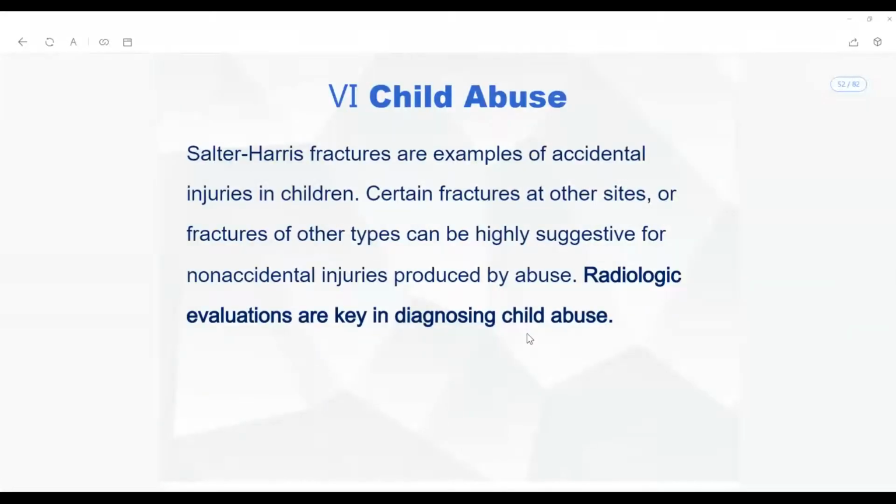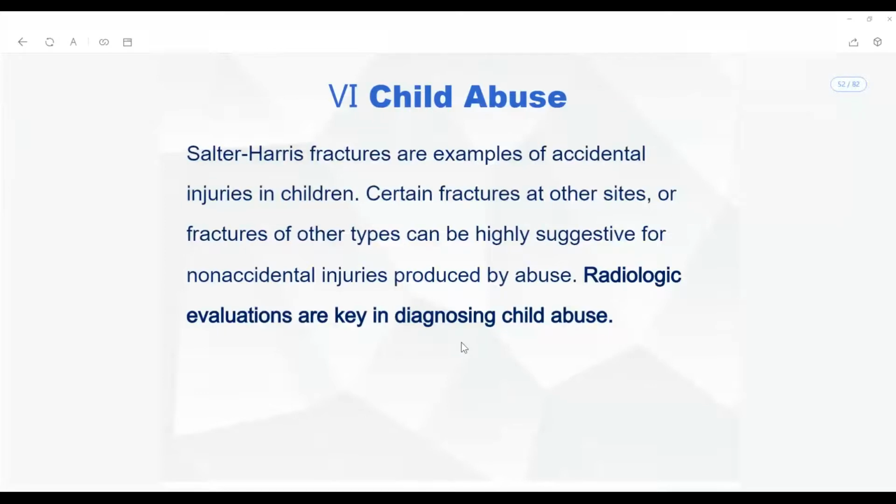We are trying to understand one particular thing here. This is a very, very serious situation. But as undergraduate physicians, we generally will not be dealing with such cases. You have to understand that Salter-Harris fractures are generally examples of accidental injuries in children.